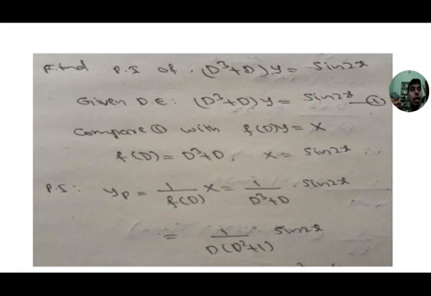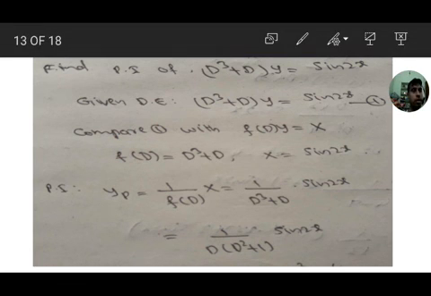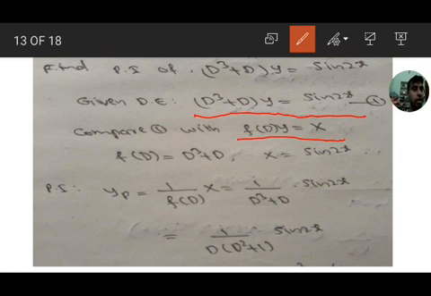Find the particular integral of (d cube plus d) of y equal to sin 2x. So here the given differential equation is (d cube plus d) of y equal to sin 2x. Compare the given equation with f of d of y equal to capital X, where we get f of d equal to d cube plus d, and capital X equal to sin 2x.